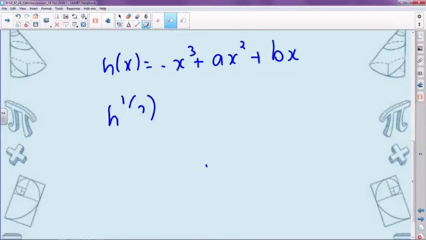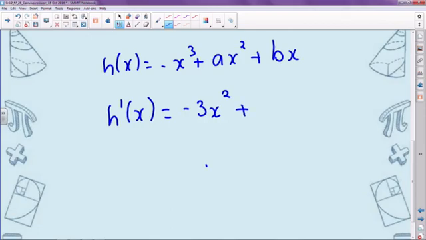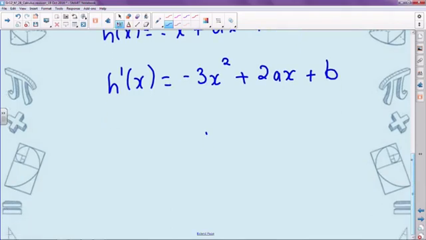And what I'm going to do to make it a little bit easier for you guys, before I substitute the 2 in, I'm going to find the derivative of the graph h of x. So deriving by rule, I get minus 3x squared plus 2ax plus b as the expression for my derivative. I know that the derivative when x is 2 will be 0 because the point 2, 10 is a turning point.